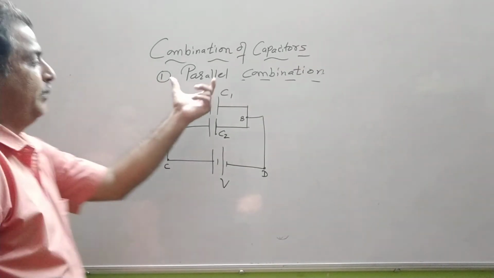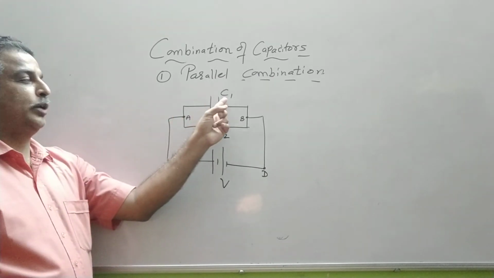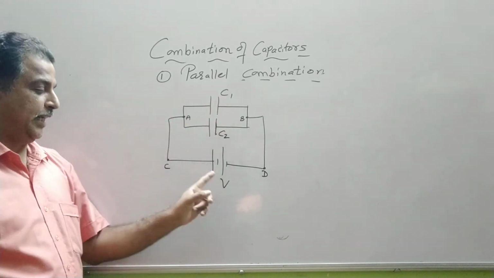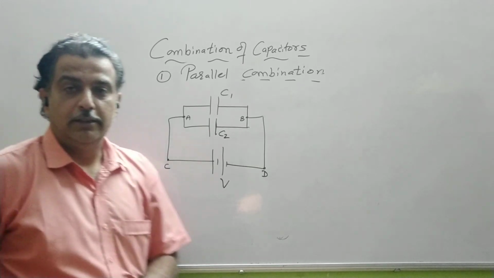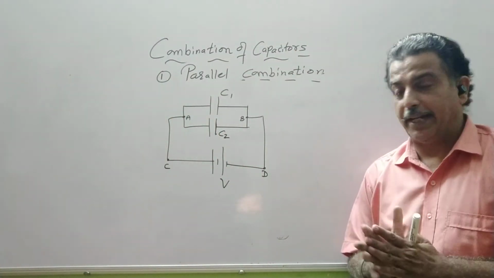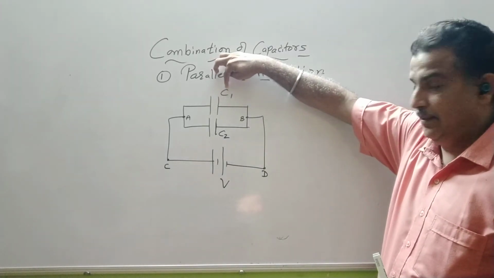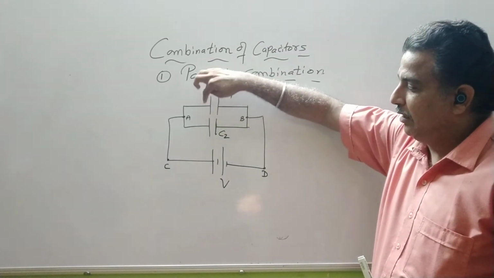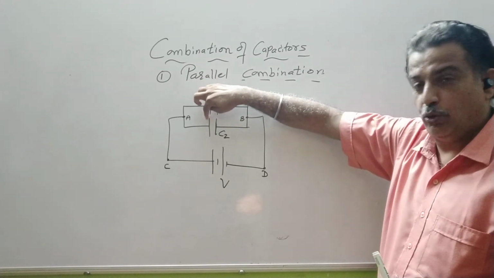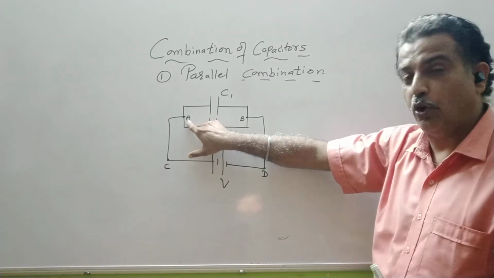Now let us see the parallel combination of capacitors. Again we take two capacitors C1 and C2 connected with a battery of V volt. Now how are the two capacitors connected in parallel? See, one plate of capacitor C1 and one plate of capacitor C2 both should be connected to a common point or common end.